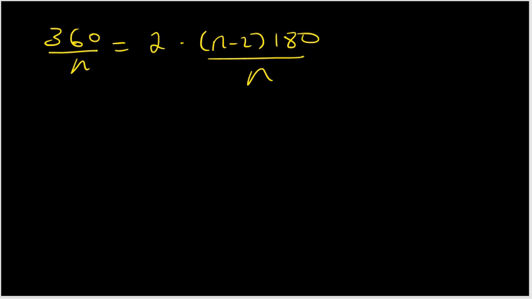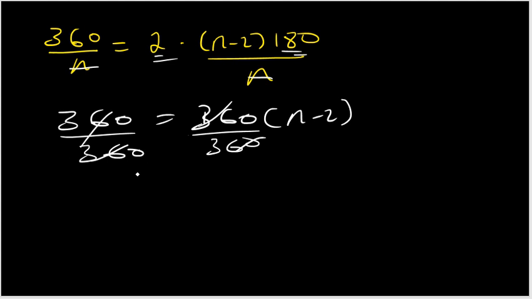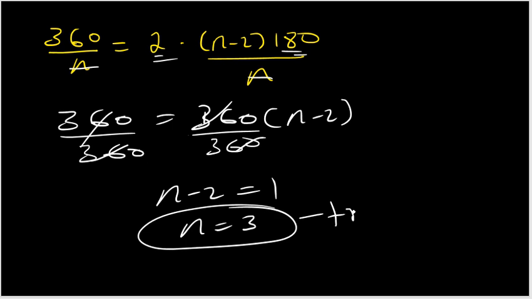Again the same process. Let us cancel n by n on both sides, and 360 is equal to 360 times (n minus 2). If you divide by 360, n minus 2 is equal to 1, so n is equal to 3. That means that regular polygon should obviously be a triangle.